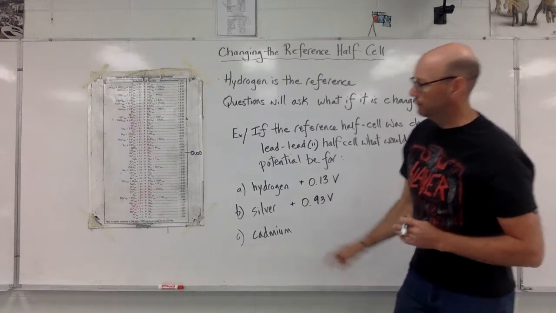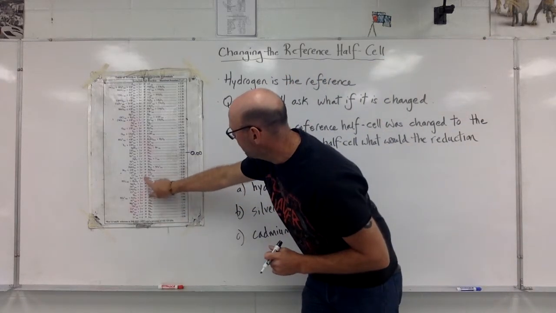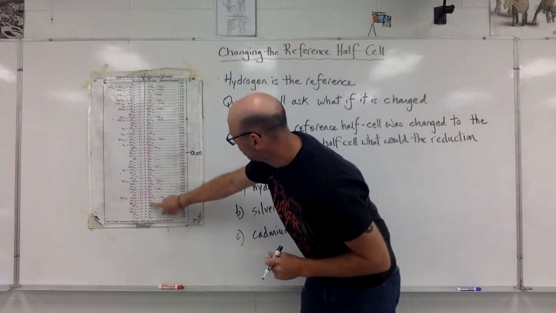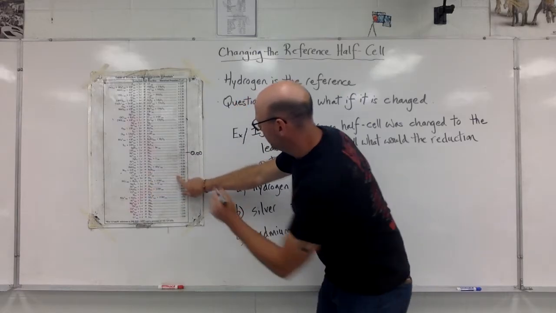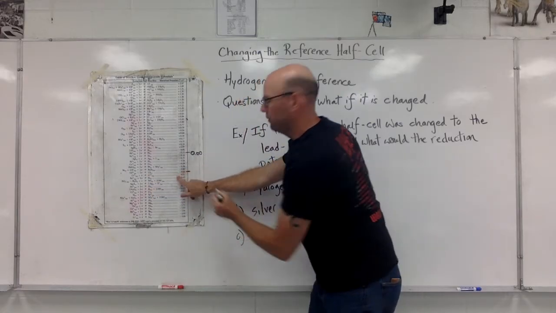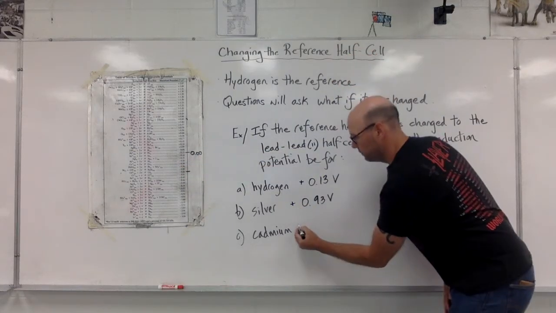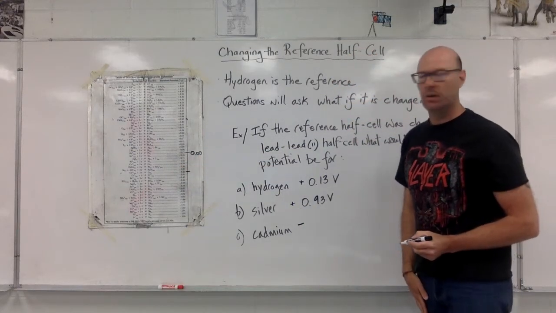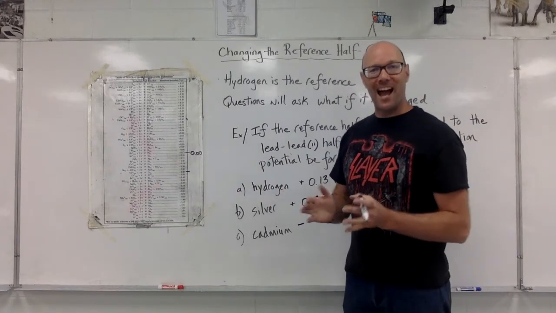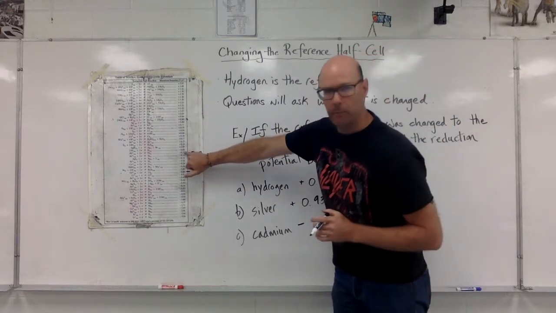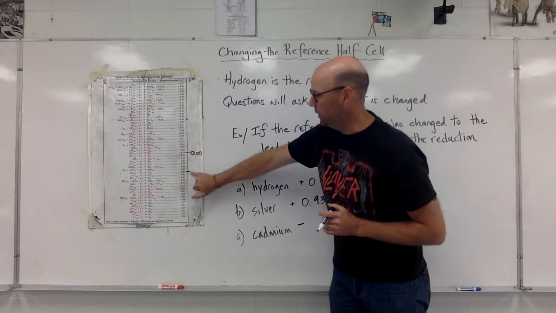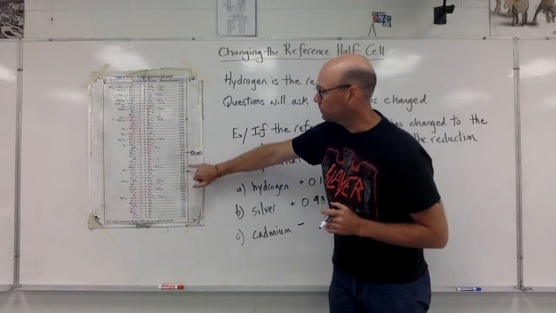How about cadmium? Cadmium is here at negative 0.4. It's below my new reference half cell. It's going to have a negative number. Okay. But how far down do we have to go from the new reference half cell until we get to the line that we want?